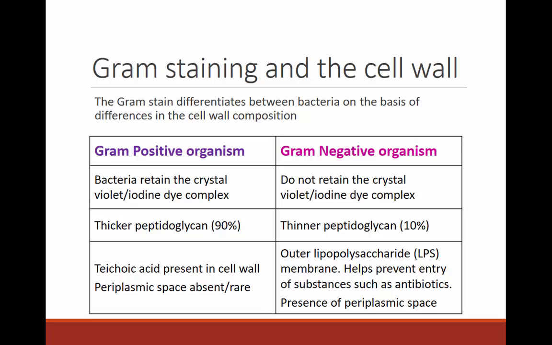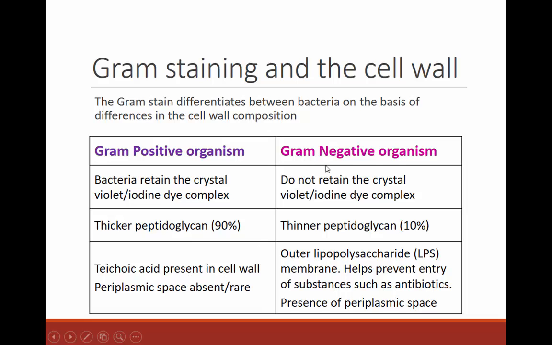Remember, when they're joined together, they form a much larger molecule, and therefore can't be washed away very easily. And they have a thicker peptidoglycan, so it's about 90% of that wall. And you've got teichoic acid present in the cell wall as well.